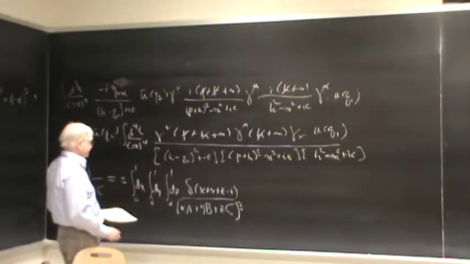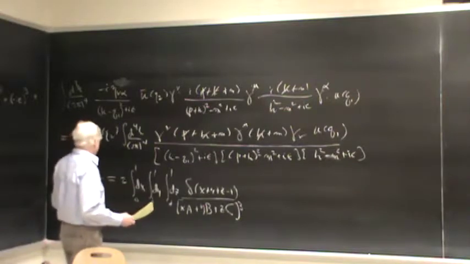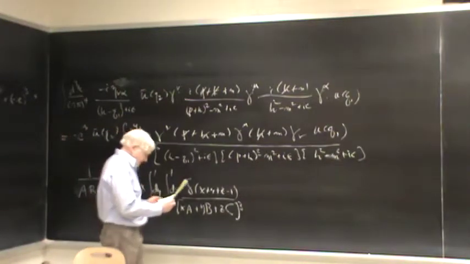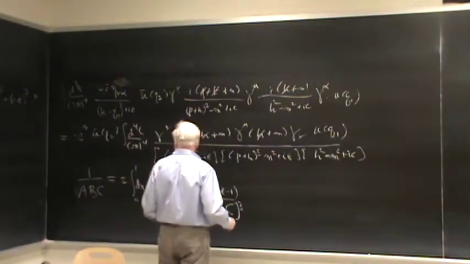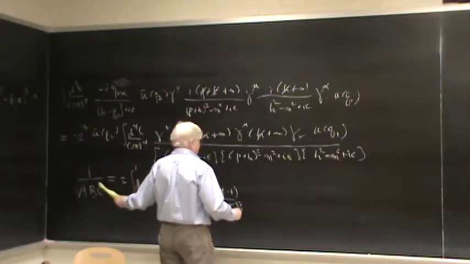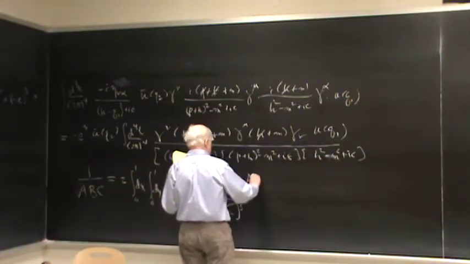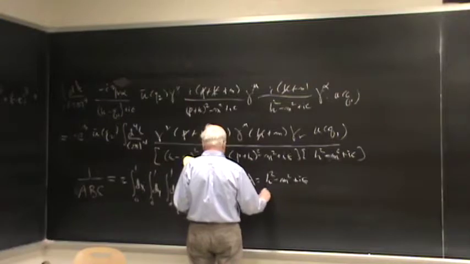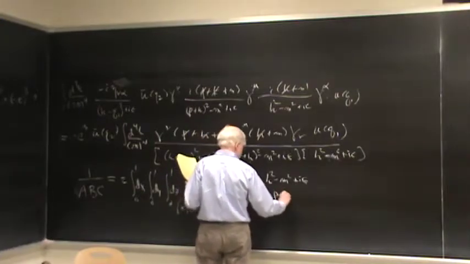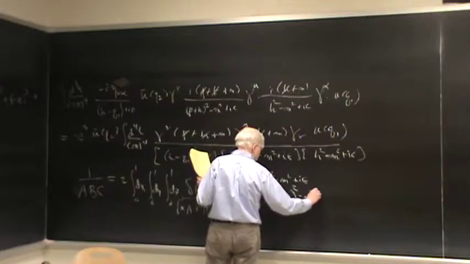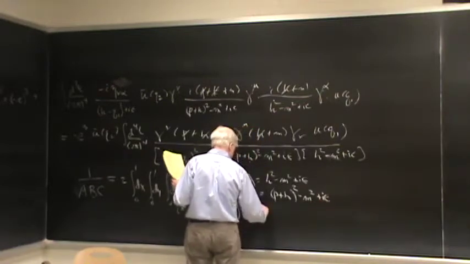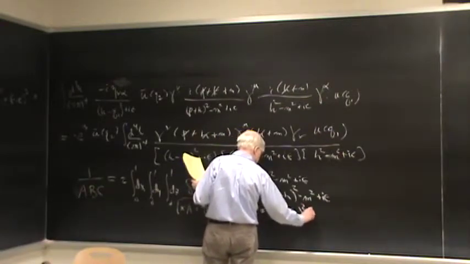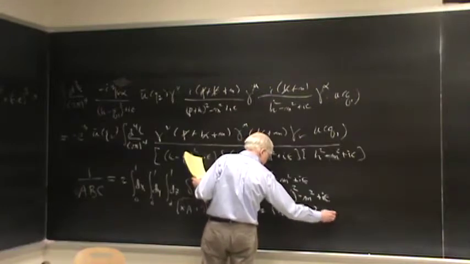Actually, the way Schwartz did it, he took A to be the last one. So A is k squared minus m squared plus i epsilon. B is this one, (p plus k) squared minus m squared plus i epsilon. And C is then this one, (k minus q1) squared minus m squared plus i epsilon.